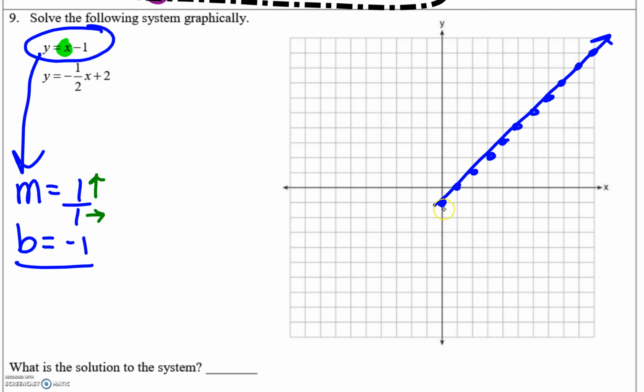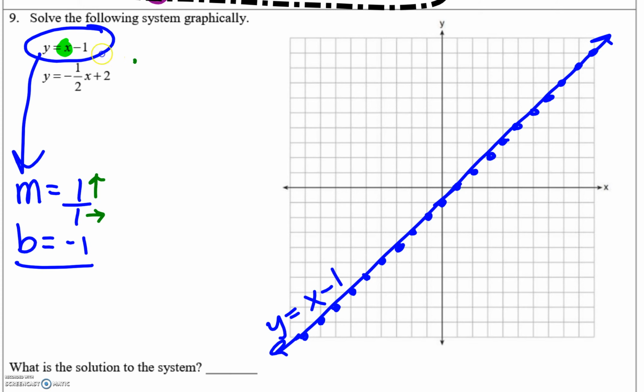Then I'm going to do the same thing in the opposite direction, down 1 over 1. So that when I read left to right, my slope is still continuing up 1 over 1. I'm going to connect all the dots and write the equation of that line. Y equals x minus 1.